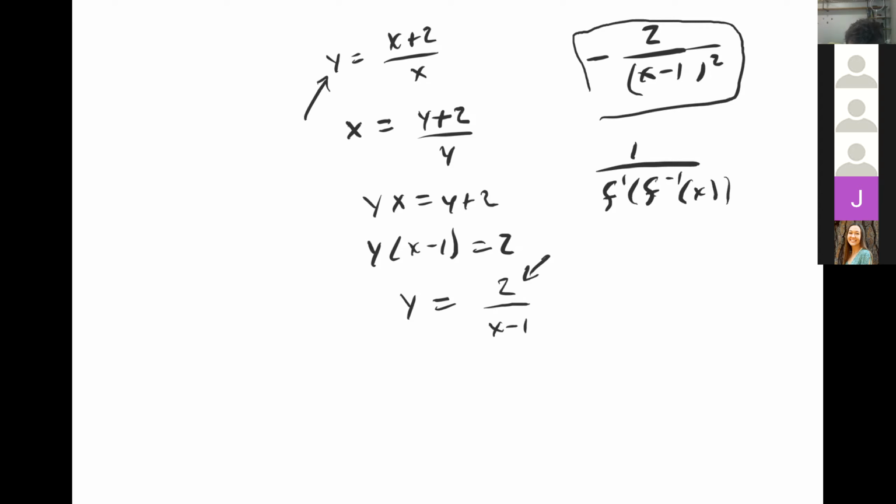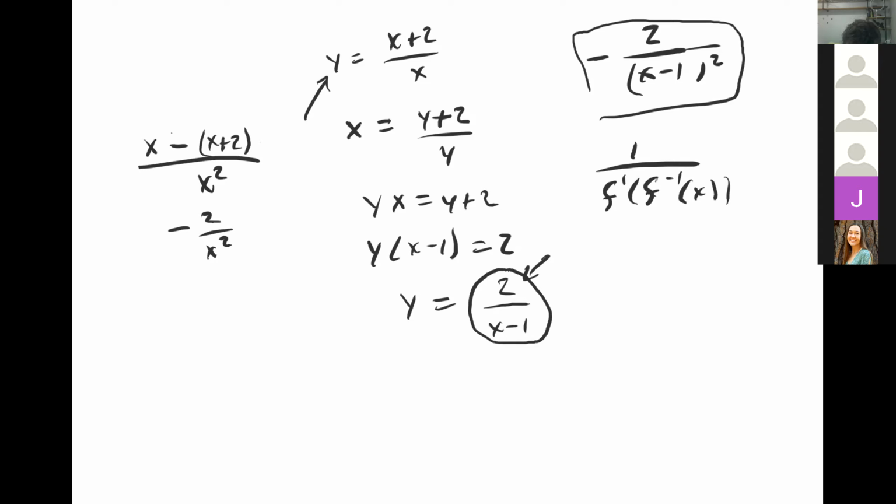So that gives you x, d high is just 1, minus high d low. So that's x plus 2 times derivative of x, that's just 1. And then we divide out by x squared. And that gives us minus 2 over x squared. And then we plug in the inverse of this function, which is 2 over x minus 1. And I'm a little bit scared that I made a mistake here.